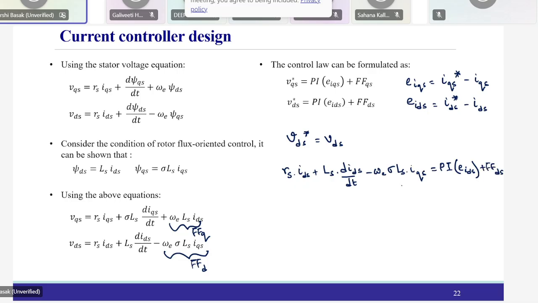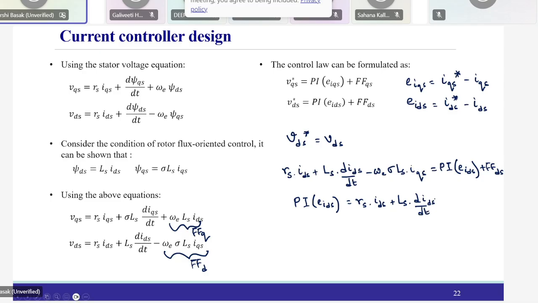Okay, so FFDS is equal to this one, so these two will cancel out. So finally, this PI on EIDS will be equal to RS into IDS plus LS into dIDS/dt.